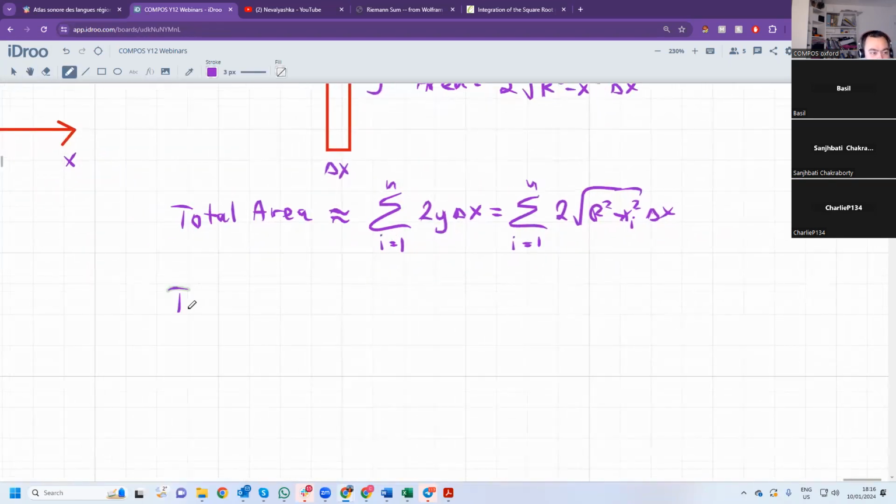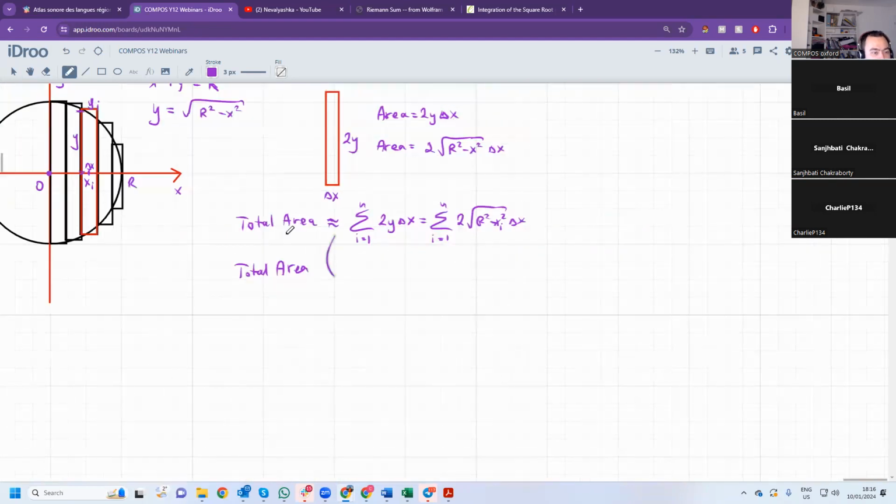Now the total area. I forgot the 2, because we only did half a circle, so we need 2 of these.